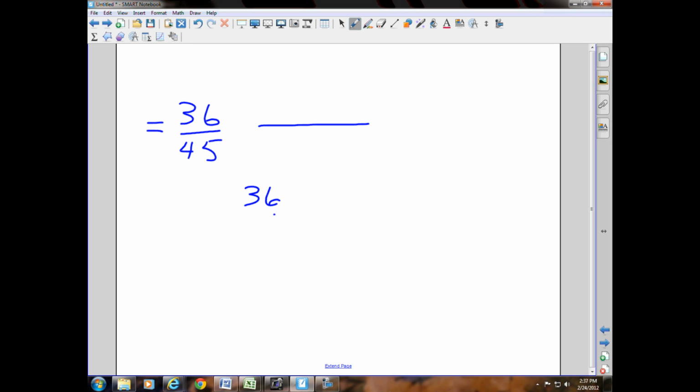We have 36, and we break it down. 3 times 12 gives us 36. 2 times 6 is 12, and 2 times 3 is 6. And then we have our prime factors here: 3 times 2 times 2 times 3.